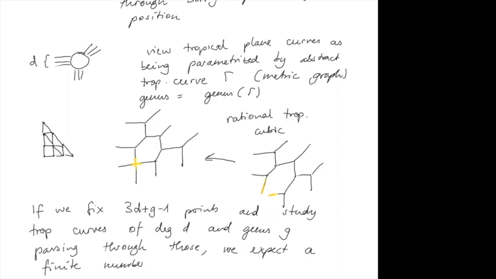And that's for dimension reasons, because we convinced ourselves that the dimension of the moduli space of tropical curves is 3D + G - 1.